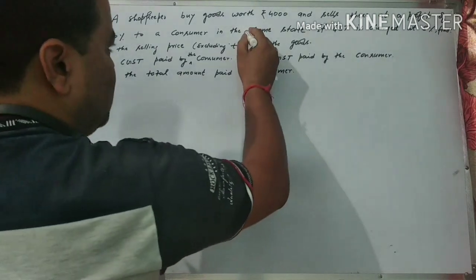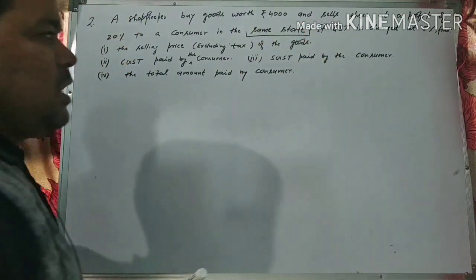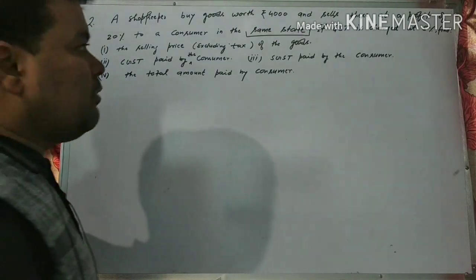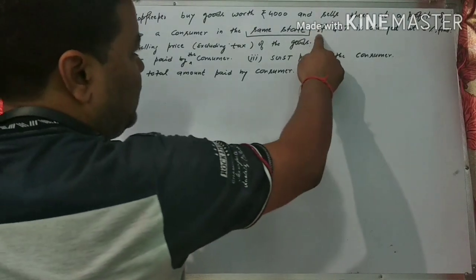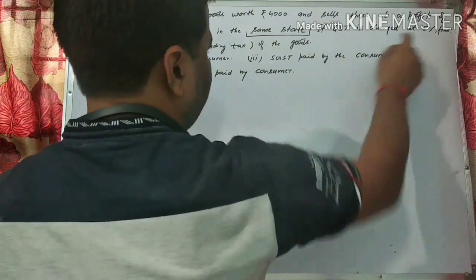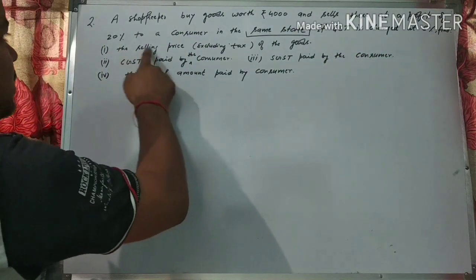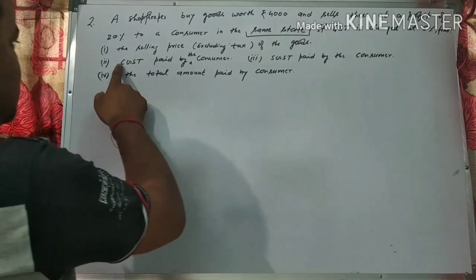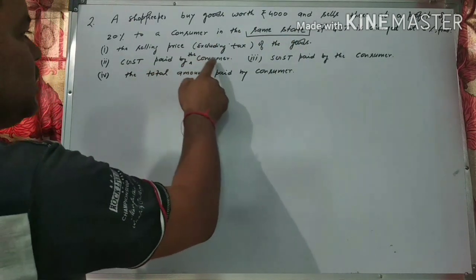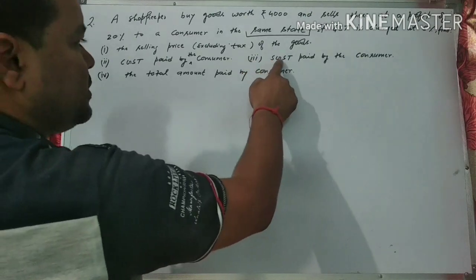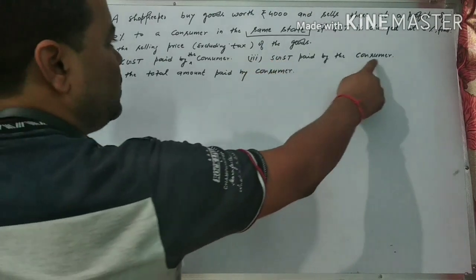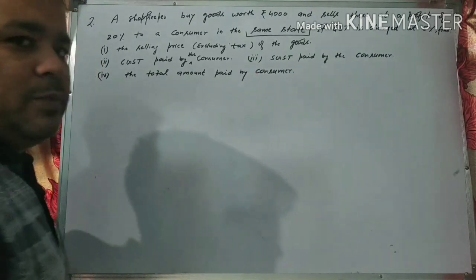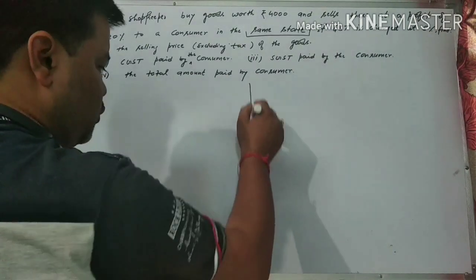Same state means this is the intra-state condition, and if GST is charged at 5%, then find the selling price excluding tax of the goods. Second, the CGST paid by the consumer; third, the SGST paid by the consumer; and the total amount paid by the consumer. Okay, this is the question.